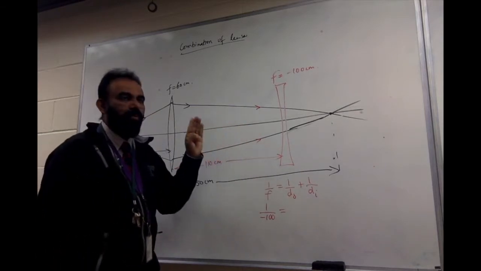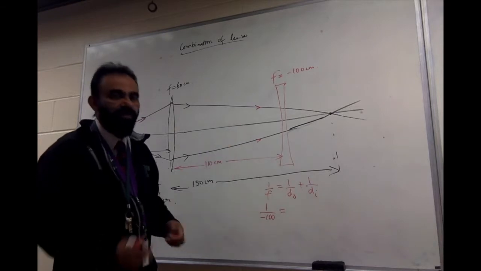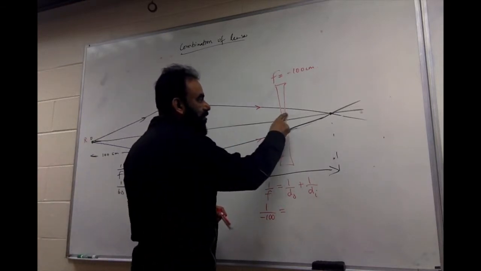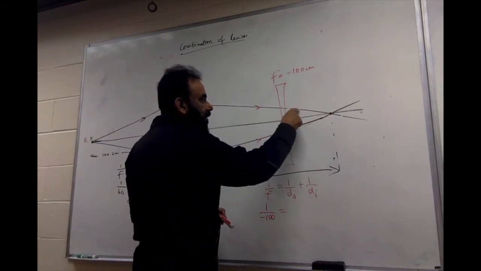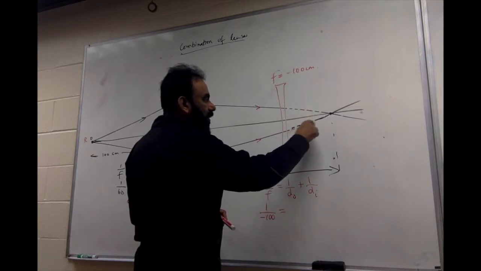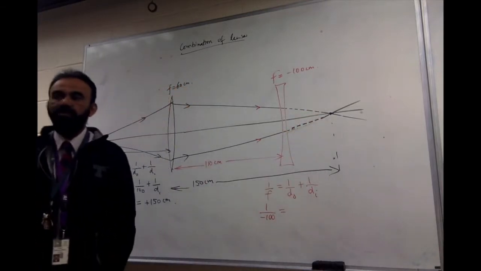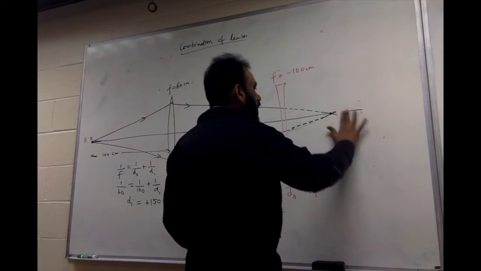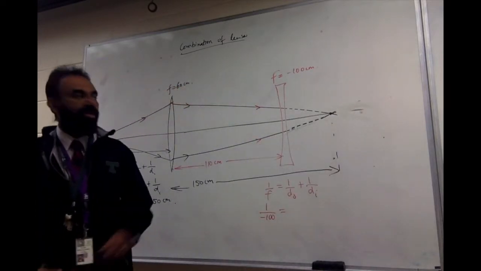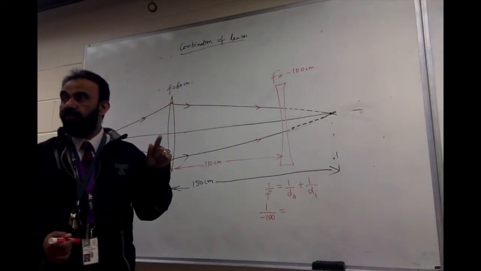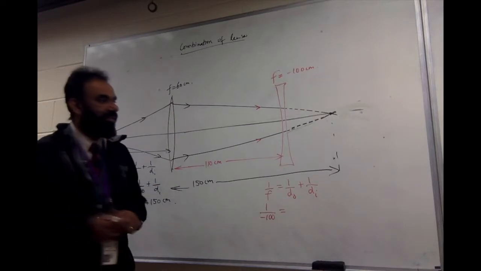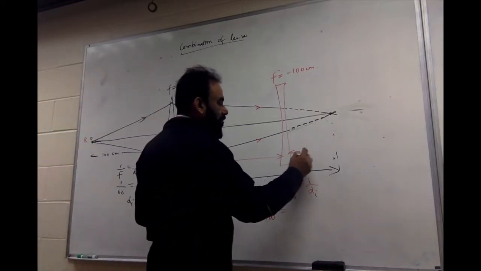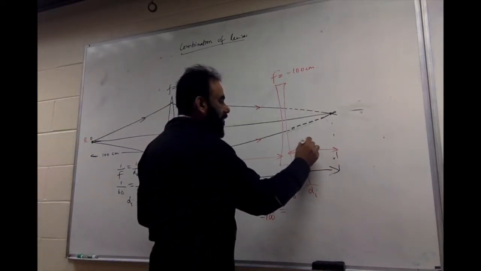So what kind of object is that? It's a virtual object. Do these rays go like that and meet here? They won't go there. They appear to be going there. So this becomes the virtual object distance.